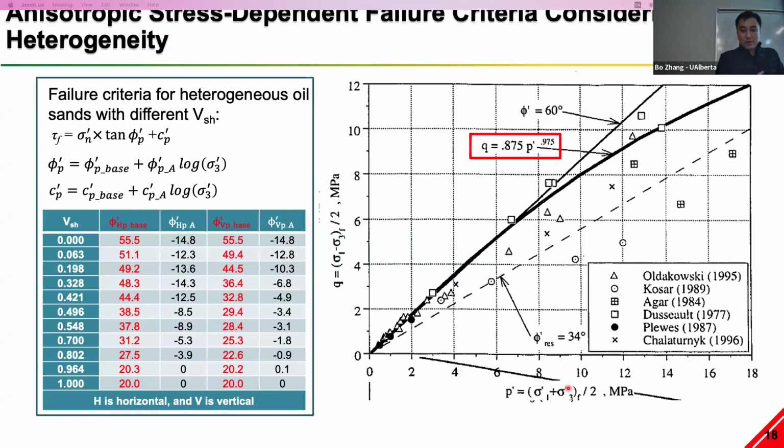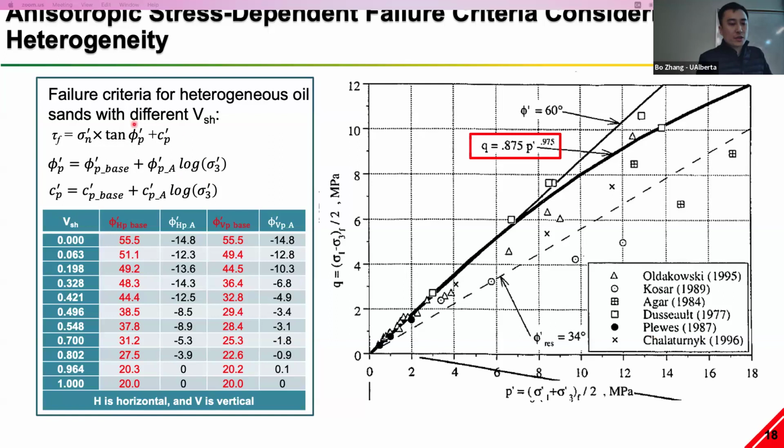We have a lot of legacy tests at the University of Alberta trying to find the constitutive models for oil sands. And they have found that the constitutive model for oil sands is not actually a linear Mohr-Coulomb failure envelope. It's going to be a stress-dependent Mohr-Coulomb failure envelope, like it shows here, okay? And my supervisor's experiments are also there, which provide a lot of information on the constitutive models for oil sands.